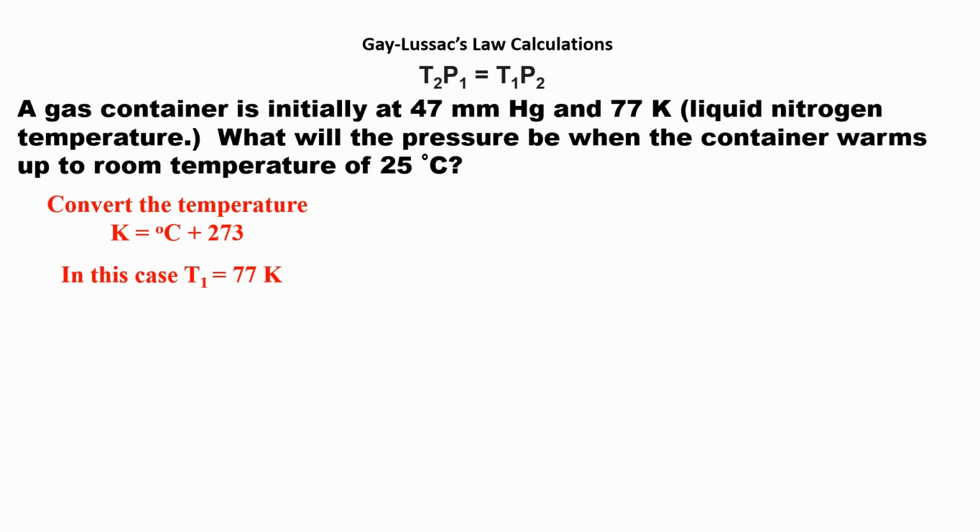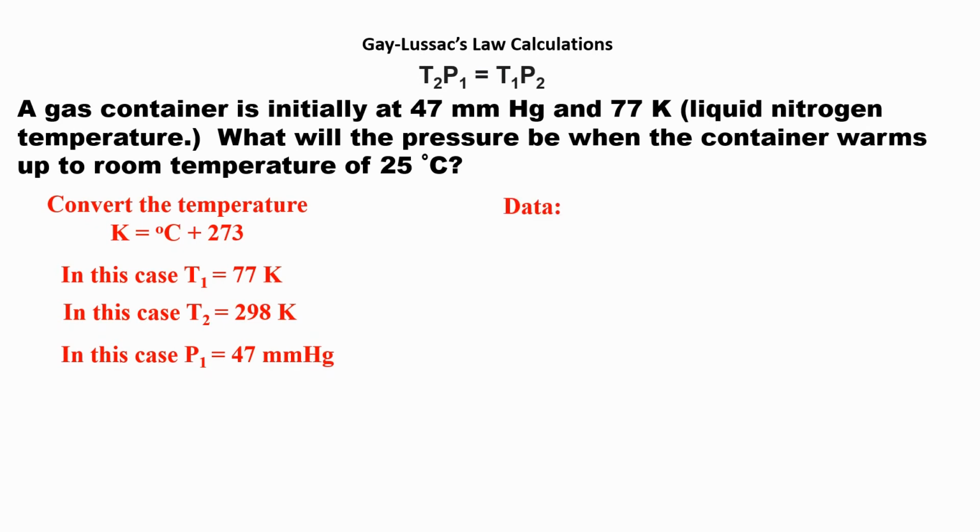In this case, T1 is given as 77 K. T2 is equal to 298 K, which is actually 25 degrees Celsius plus 273. And P1 is equal to 47 millimeters of mercury.